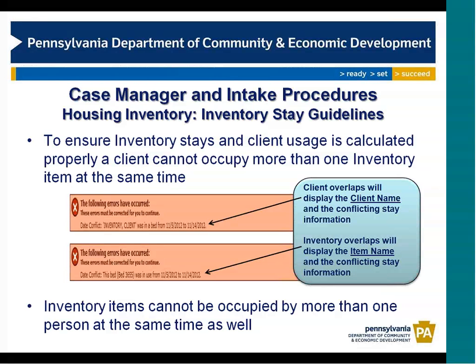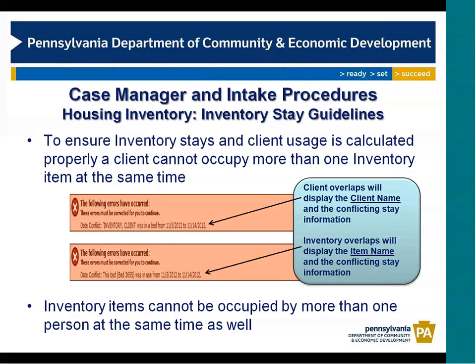Another inventory stay guideline: to allow all current and historical stays to be reported correctly and inventory usage to be calculated properly in the system, there are a couple of overlap rules, one on the client side and one on the inventory item side. A client cannot occupy more than one inventory item at the same time.